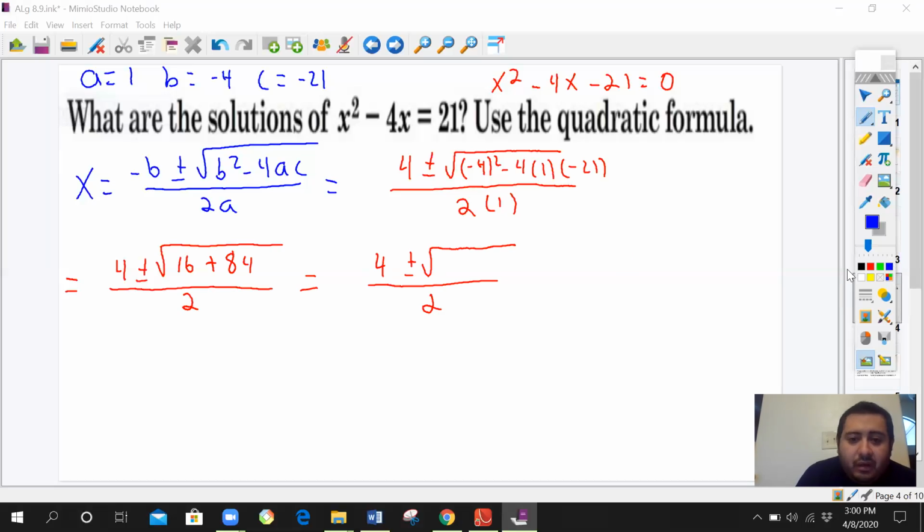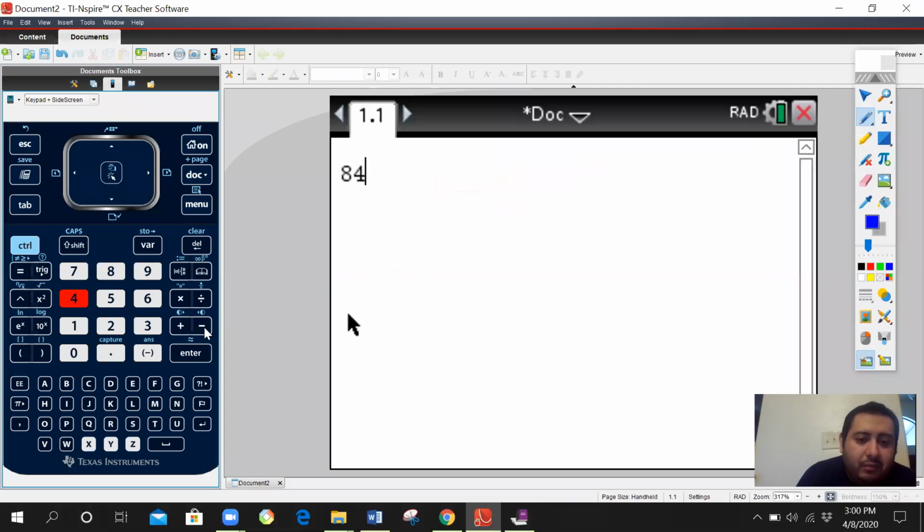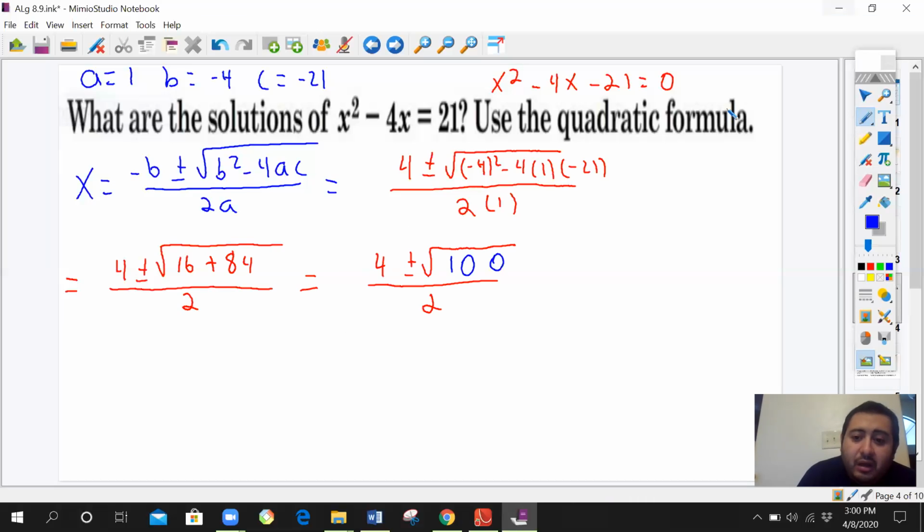All right, 16 plus 84, we have a 0. That's a 9 and 1 more, that's 100. Yes, let me just double check. Plus 16, yeah, it's 100. So the square root of 100, we have 10 because it's a perfect square, divided by 2.